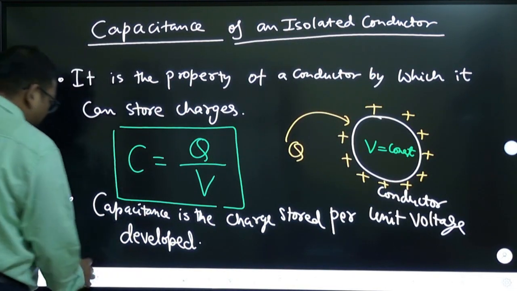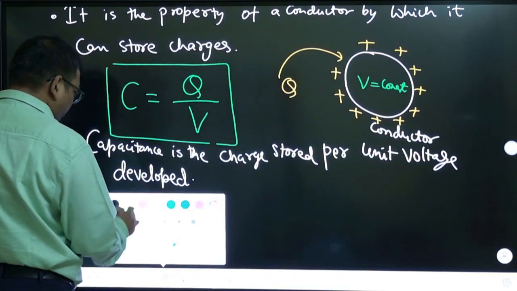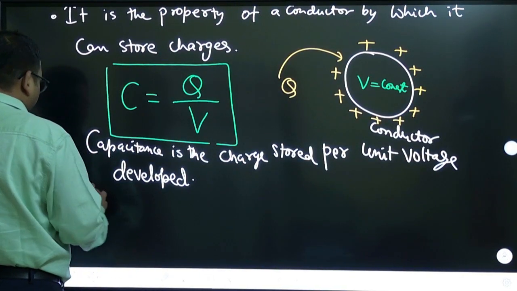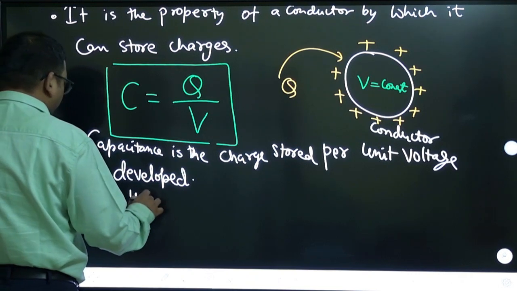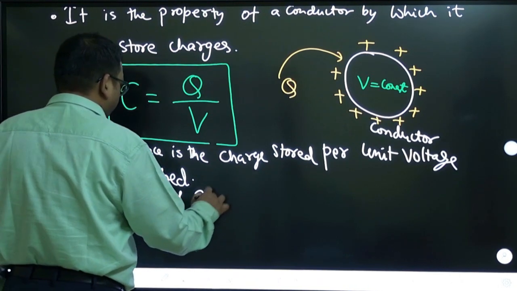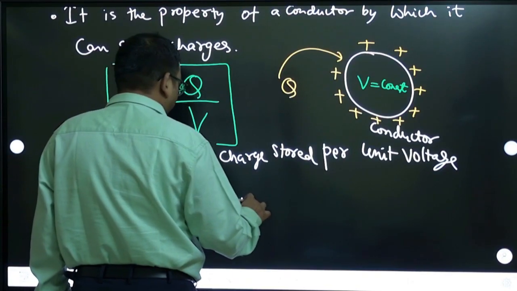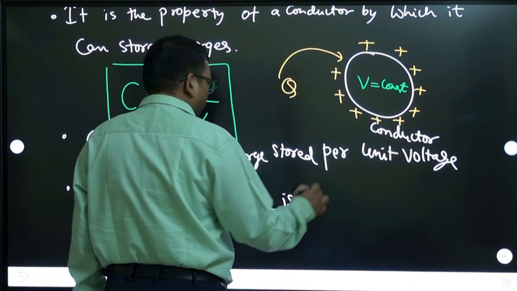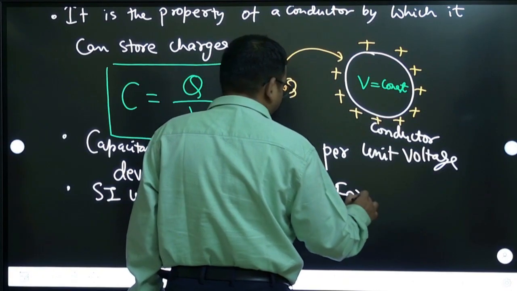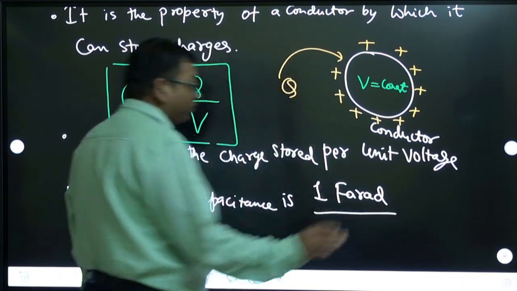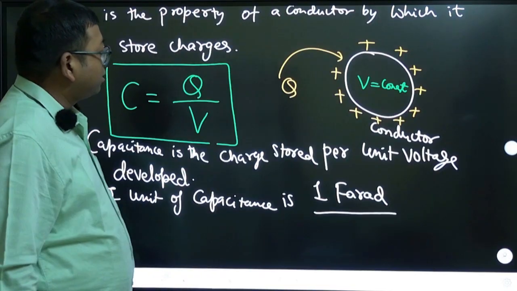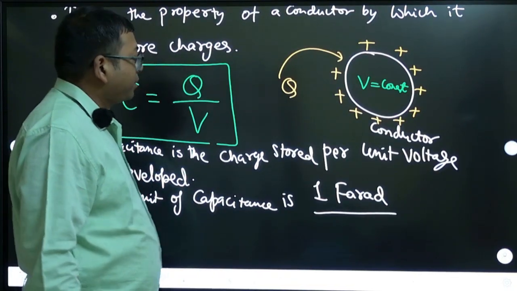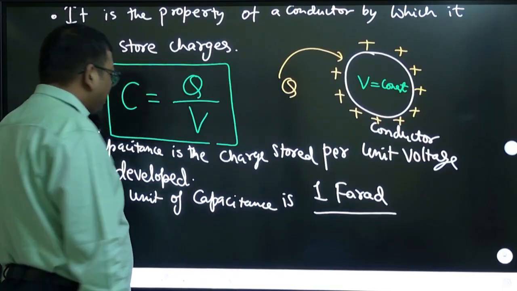And what is the unit of this? The SI unit of capacitance is 1 farad. 1 farad, not Faraday, it is farad. And 1 farad is a large unit.